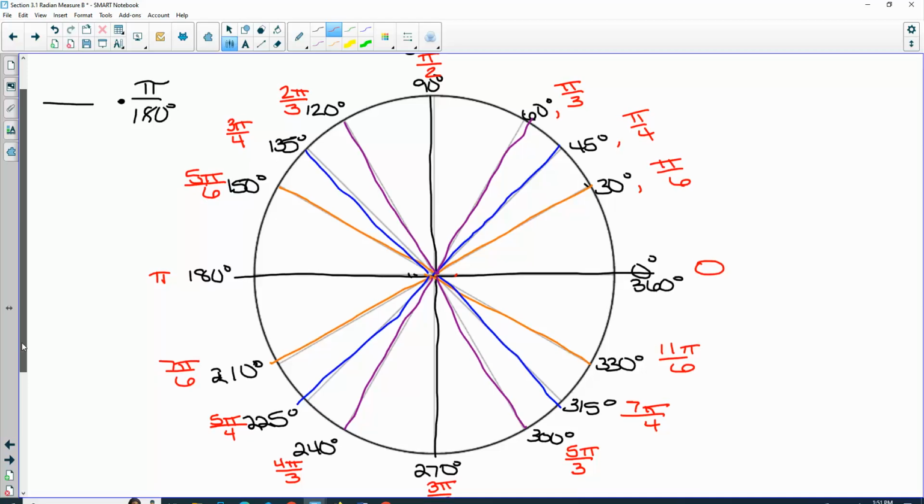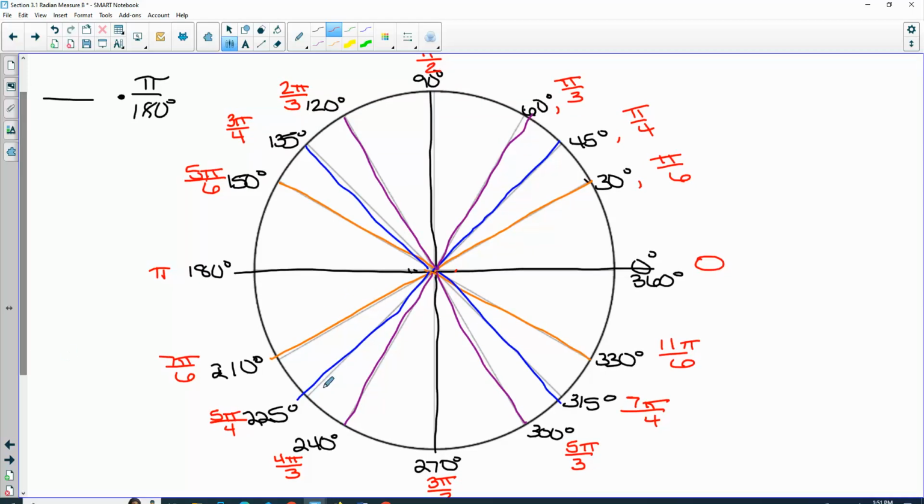So, now the question is, do we see any patterns? If you look at all my orange lines that I drew, everything with a reference angle of 30. What's your denominator on your fraction? 6. If the reference angle is 30, it's always going to be over 6.